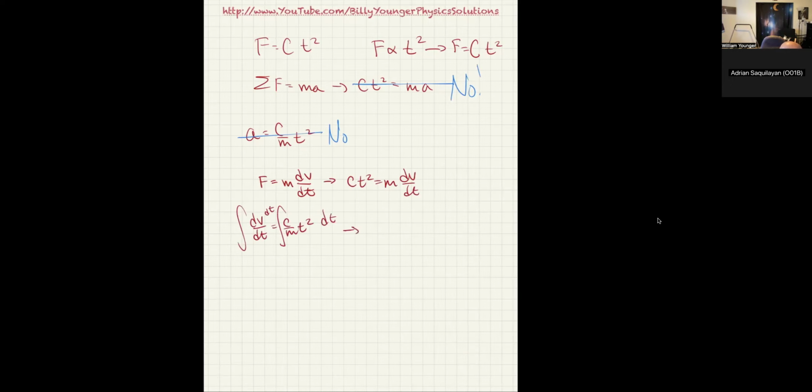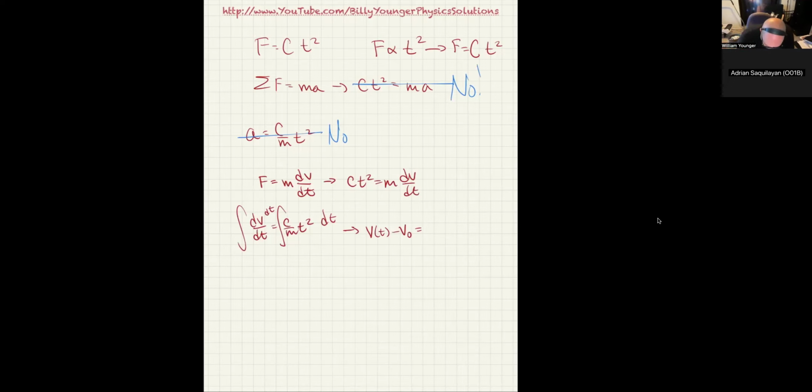In so doing, we just get v of t minus v0, because you're getting the integral of dv/dt dt. That's just the integral of dv, and that gives you v final minus v initial. I'm saying v final is v of t and v initial is v0.